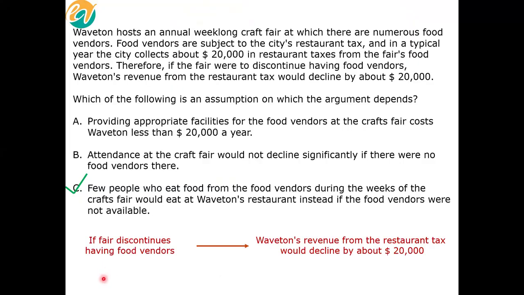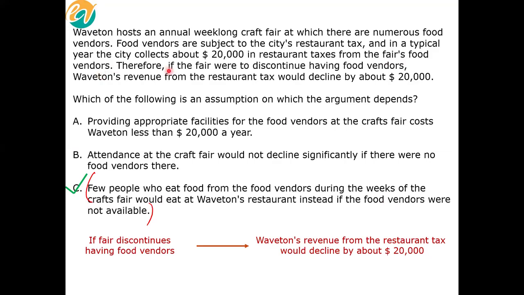So again, reiterating, in this kind of question, as we've been discussing, the assumption is an unstated premise, right? Right now, the city is Waveton. The city collects $20,000 in restaurant taxes from the food vendors.